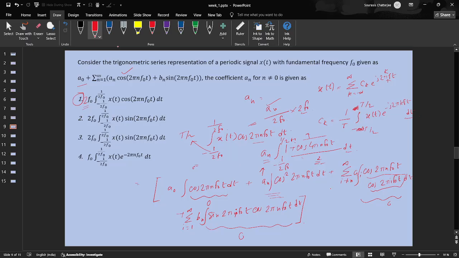The third term corresponds to i not equal to n, where I get terms of this kind: cos 2 pi n f naught t times cos 2 pi i f naught t, where i is not the same as n. From here I get sinusoids with fundamental frequency of i minus n, so that translates to integrating over a multiple of its fundamental time period.